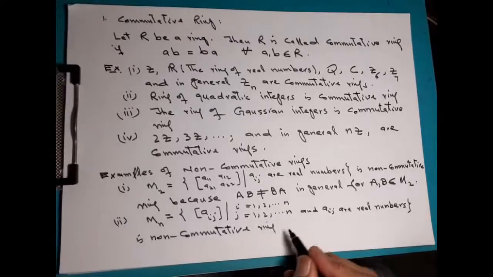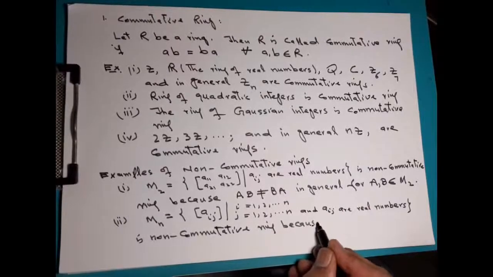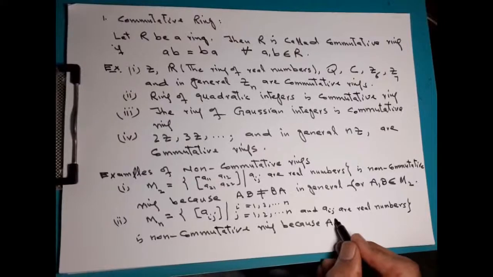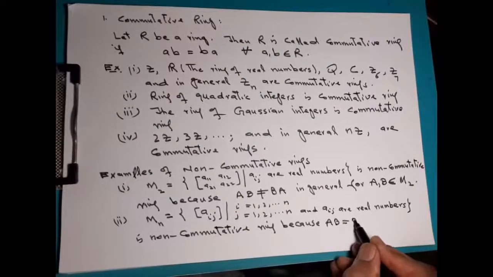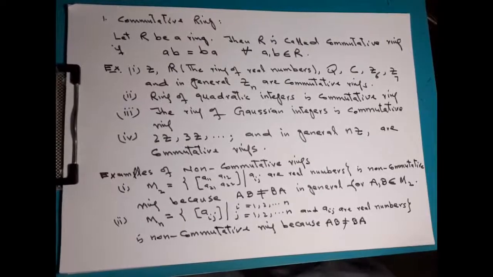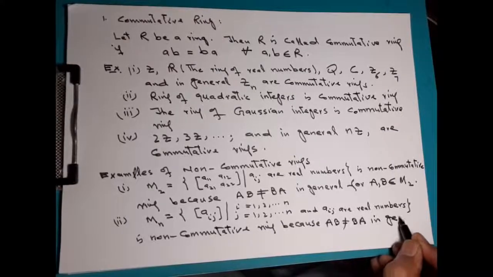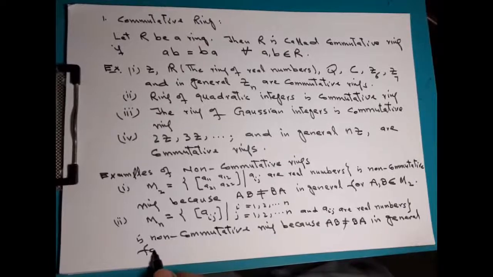The reason is the same, because if we multiply two matrices A and B, and change the order, their product may not be equal, is not equal in general, for A, B belonging to Mn.